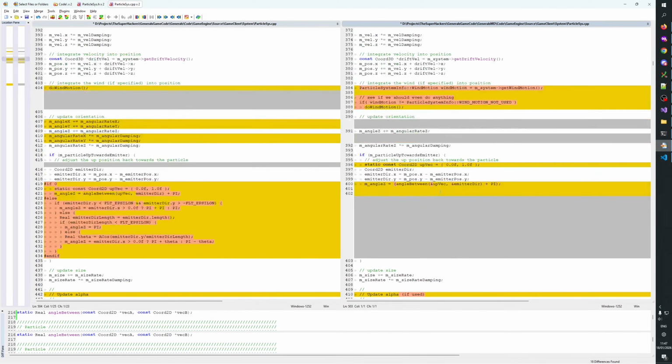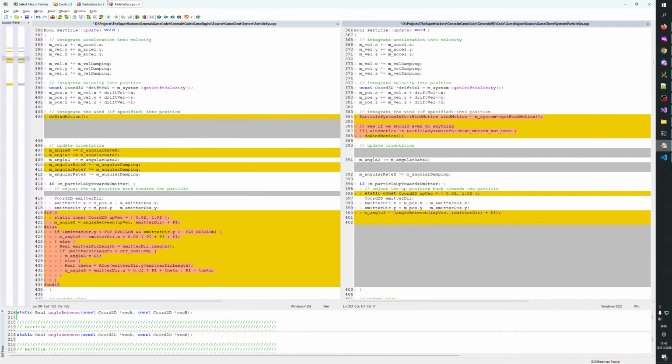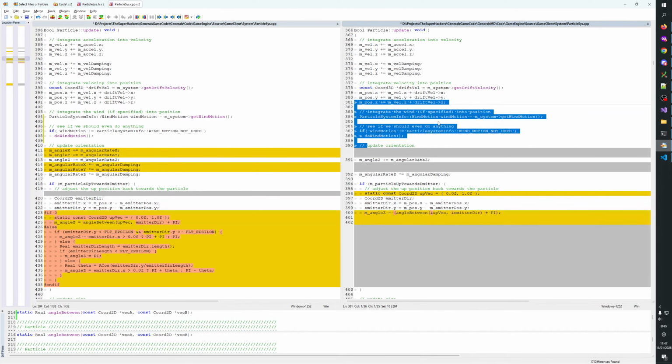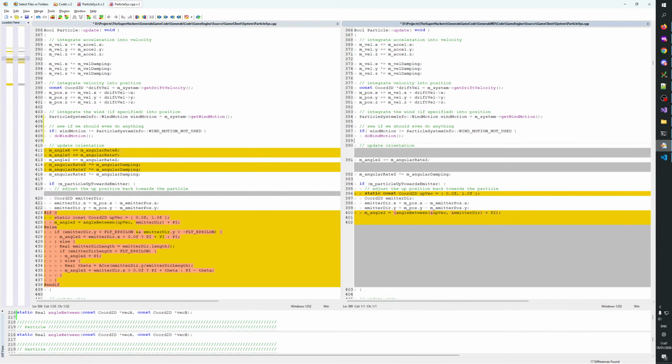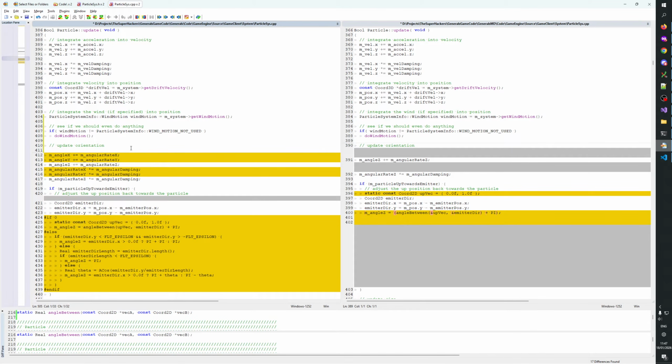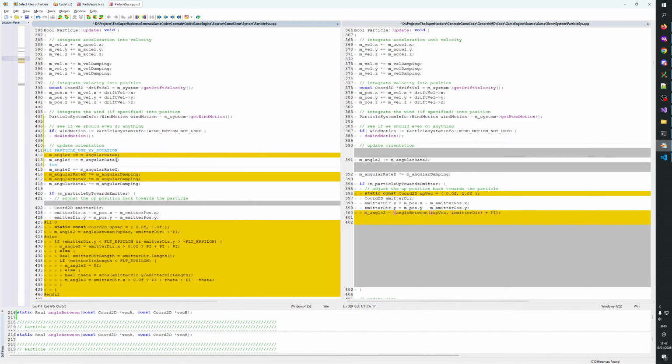Oh boy. Okay, here we have another one of these. Wind motion. Update orientation.